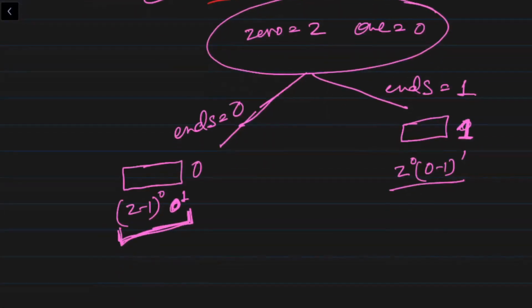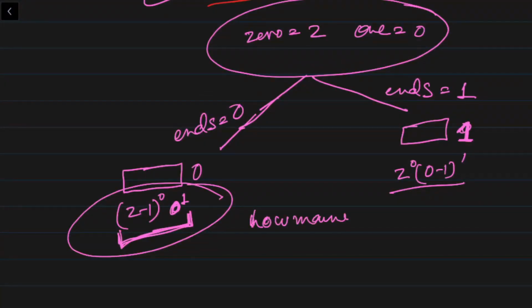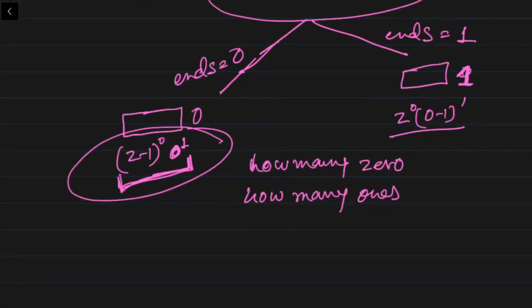So if we want to store everything, what we are storing here is how many zeros we have used, how many ones, and what it ends with, right?